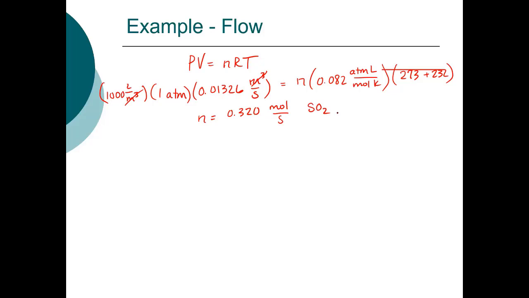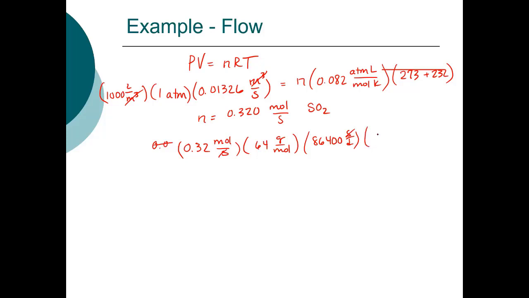So in order to obtain that in kilograms, I have 0.32 moles per second times 64 grams per mole times 86,400 seconds per day in order to obtain this on a daily rate.